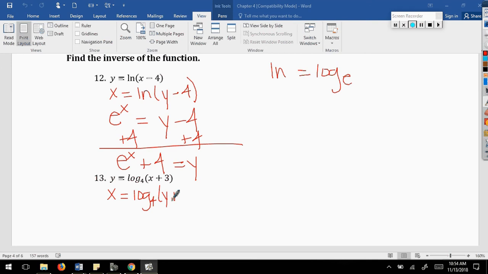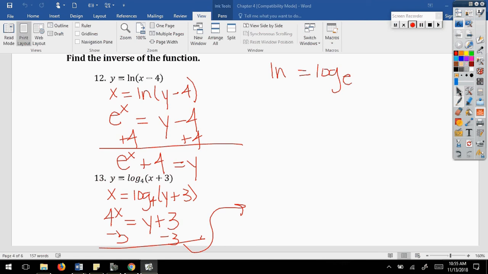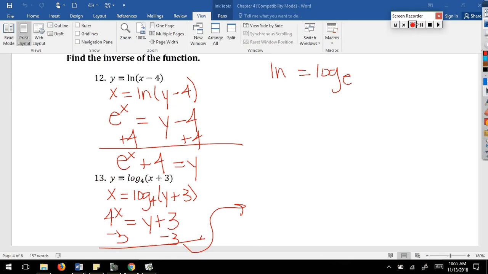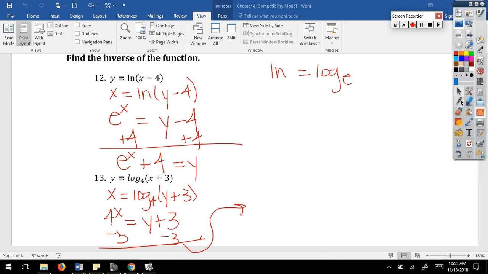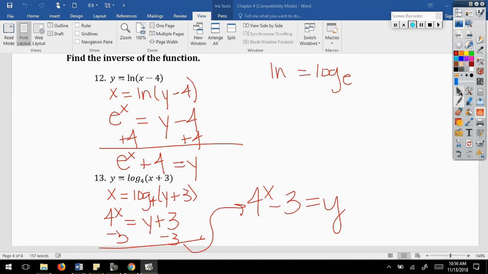Change the form here, so I get 4 to the x equals y plus 3. And then, of course, subtract the 3 to get the y by itself, which means that 4 to the x minus 3 equals y. So there's the equation of the inverse.